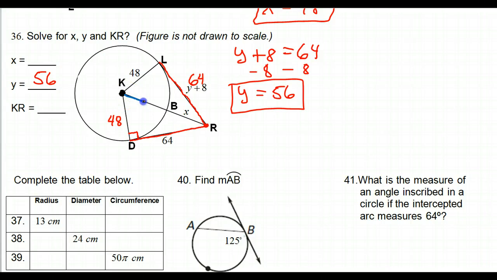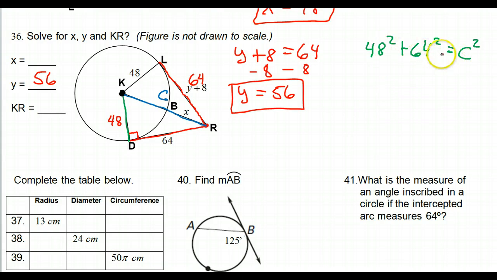Look at this hypotenuse, which I'm coloring in blue. I'm going to call that C. Now this C is the entire KR. So I'm really working on this third one right here. But that C is just the hypotenuse of this triangle. Let me go ahead and color in the third side here. So I'm dealing with this triangle right here. I'm just going to do leg squared plus leg squared equals hypotenuse squared. So 48 squared plus 64 squared is equal to C squared.